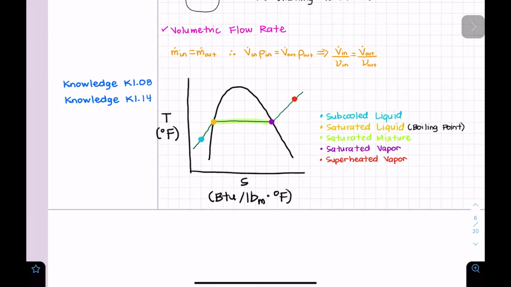Now we're going to have another section where we look at the different points of a TS diagram.